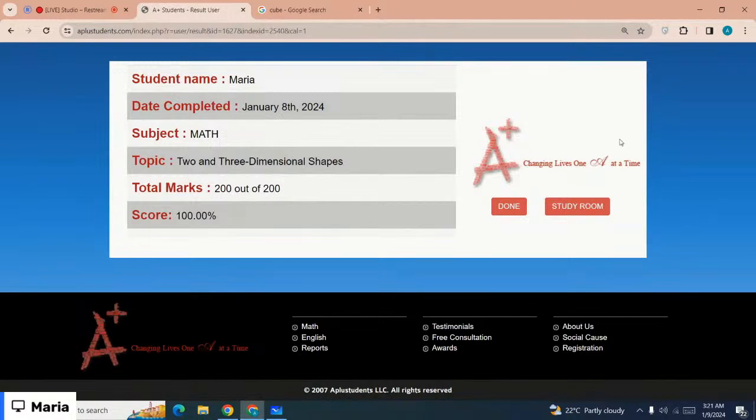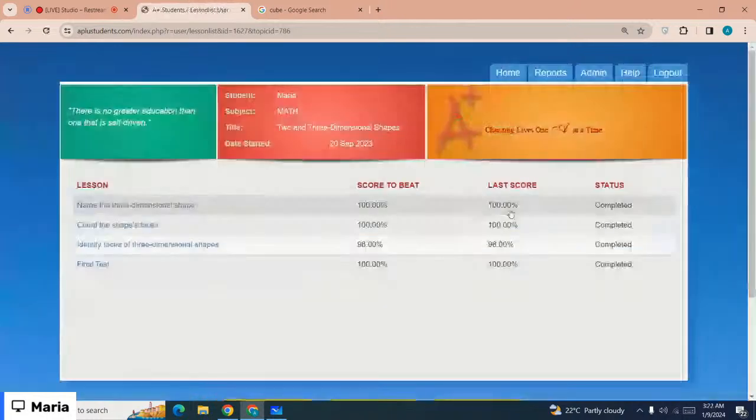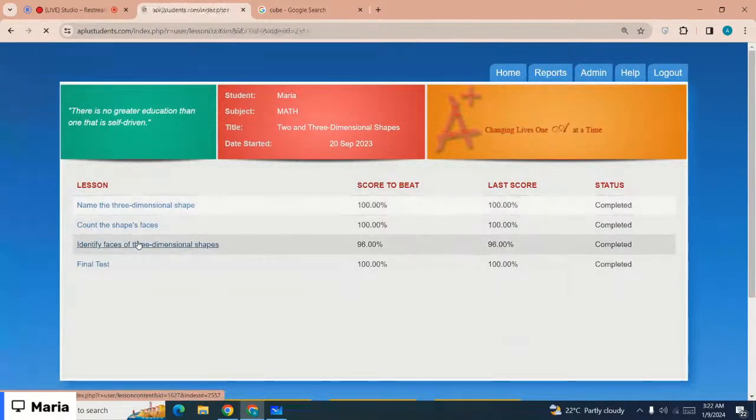Okay, the next lesson is identify faces of three-dimensional shapes.